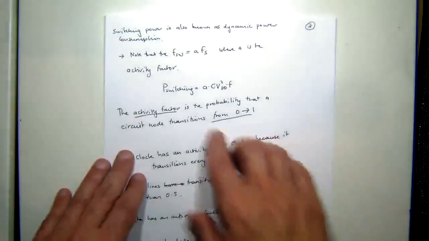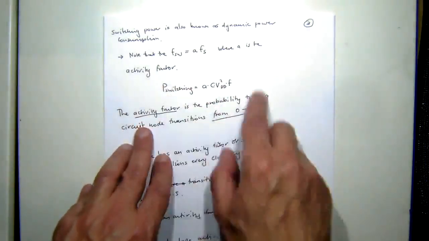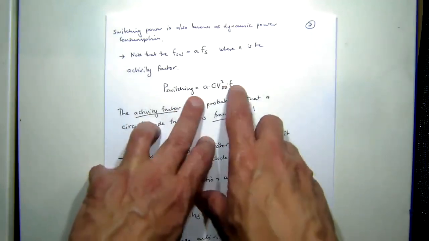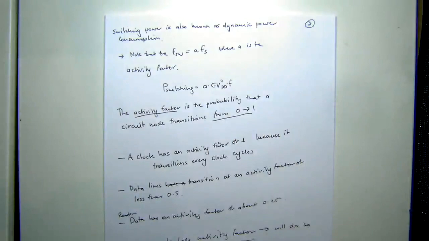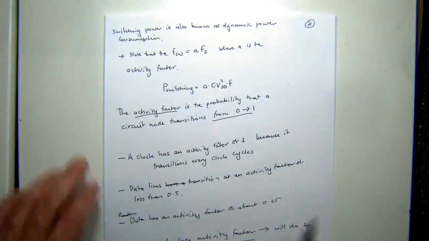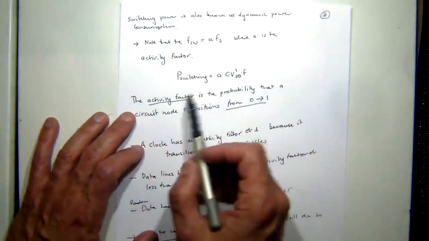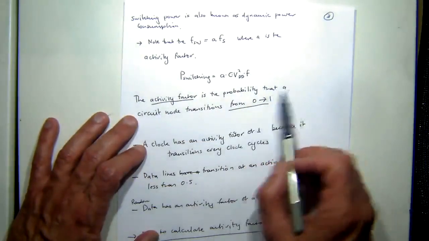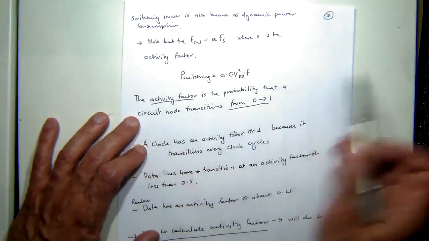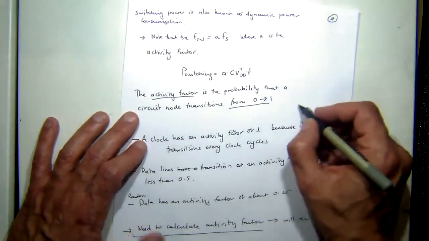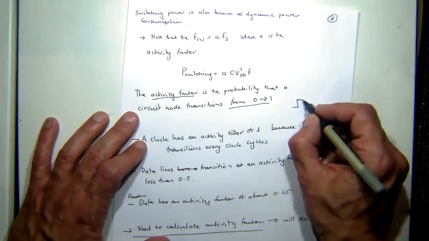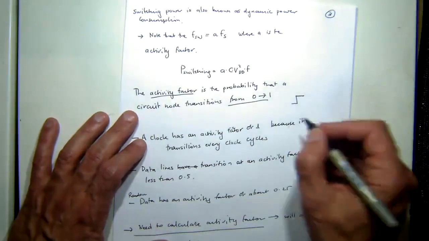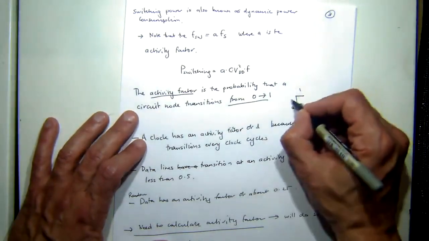If we do that, we can rewrite the power in terms of the clock frequency and an activity factor. And just in the interest of clarity, we define an activity factor as the probability that a circuit node transitions from 0 to 1. So all we're saying is the activity factor is the probability, every clock cycle, that we go from 0 to 1.